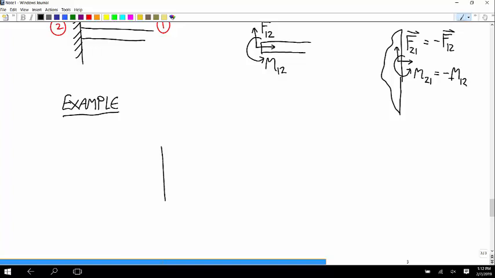Okay, so let's say that there's a wall over here, and a beam is connected to the wall with a fixed joint. And let's say this angle is 50 degrees. And there's a cable connected to this beam that goes over a pulley.